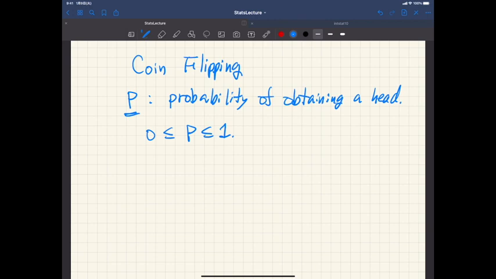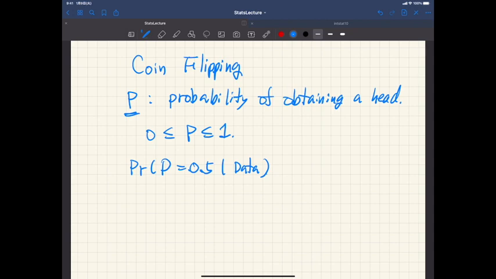Ultimately, what we want to calculate is the probability of this random variable being some particular value. Let's say, for example, what is the probability of this being 0.5 exactly, given some data? Data in this case would be the number of heads out of a certain number of flips, right?